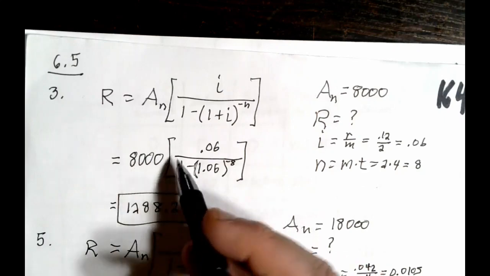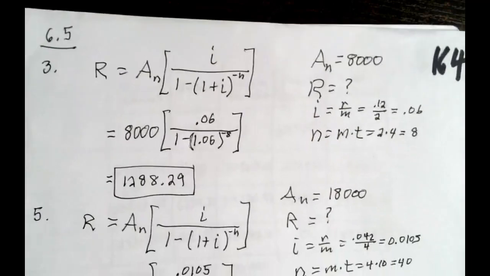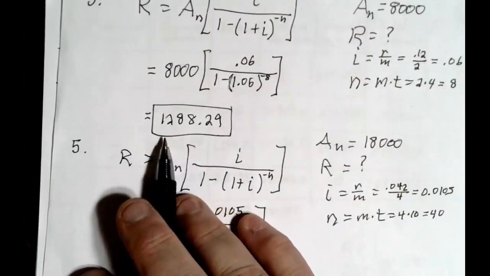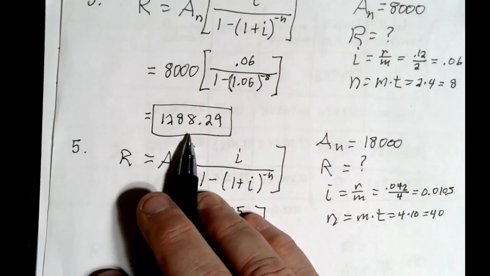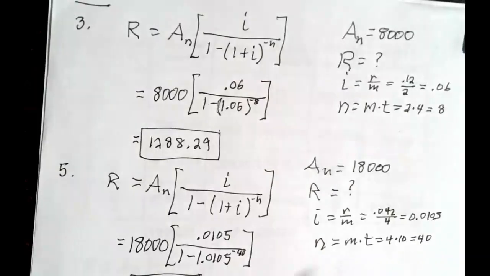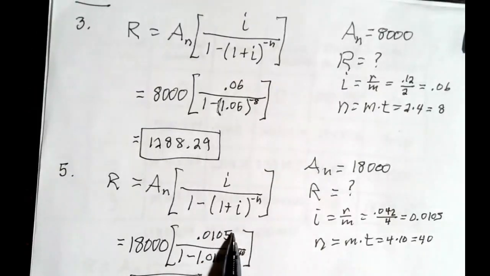And then multiply it by 8,000. And you get this number here. So semi-annual payments of this much for 4 years will get you $8,000, or will kill off an $8,000 loan.